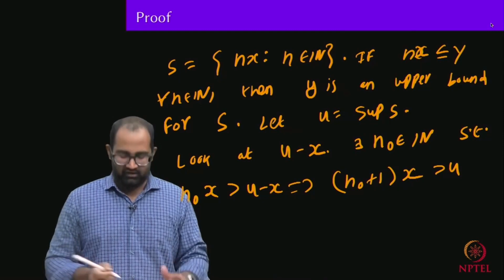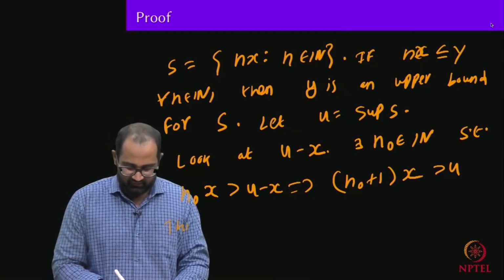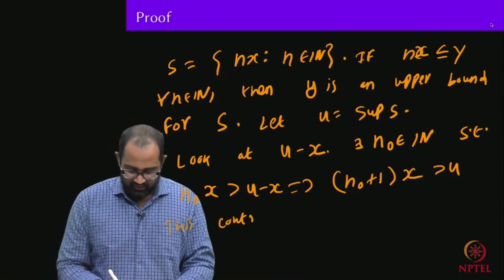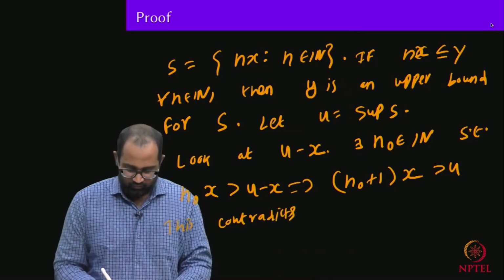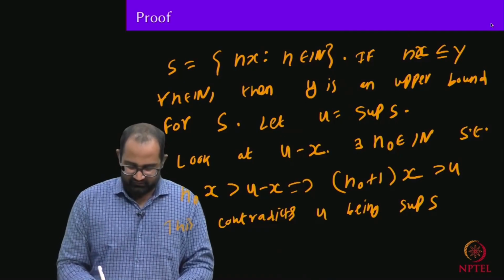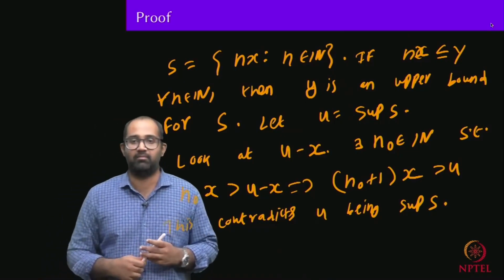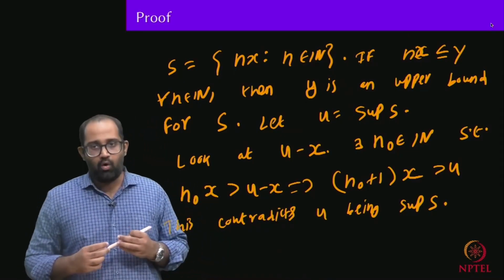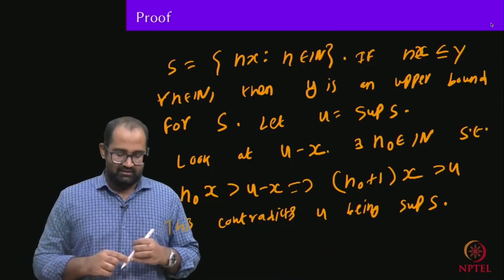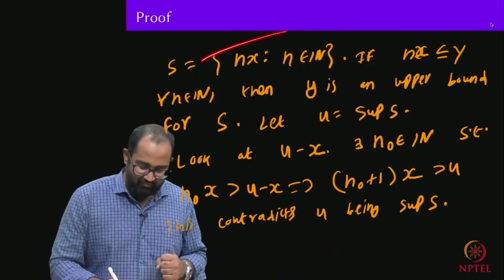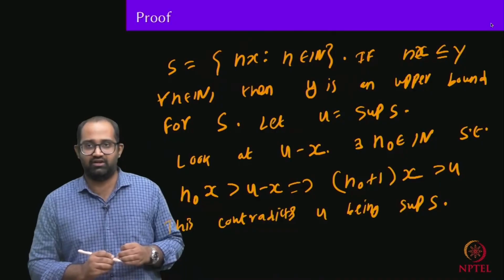But that's simply nonsense because this contradicts u being the supremum of S. This contradicts u being the supremum of S. So that shows that this set could not have been bounded above. We have got a contradiction.